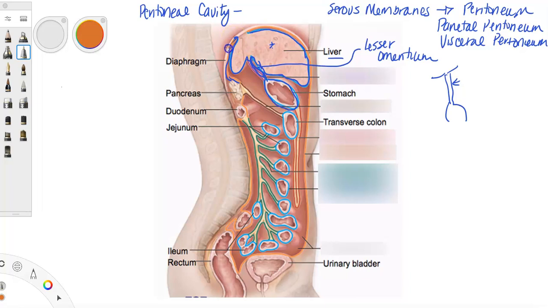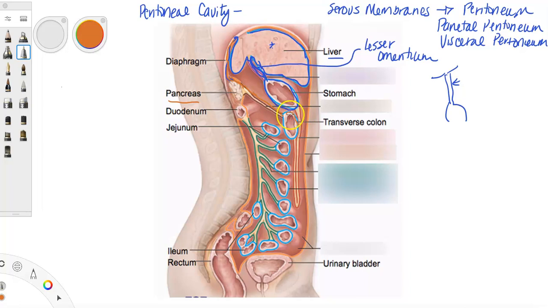So this orangey part is the visceral peritoneum. And when we come down here, and this is the pancreas right here, we come over here, and look, here's another little sandwich thing of visceral peritoneum. And it comes over here, and we get to the transverse colon.